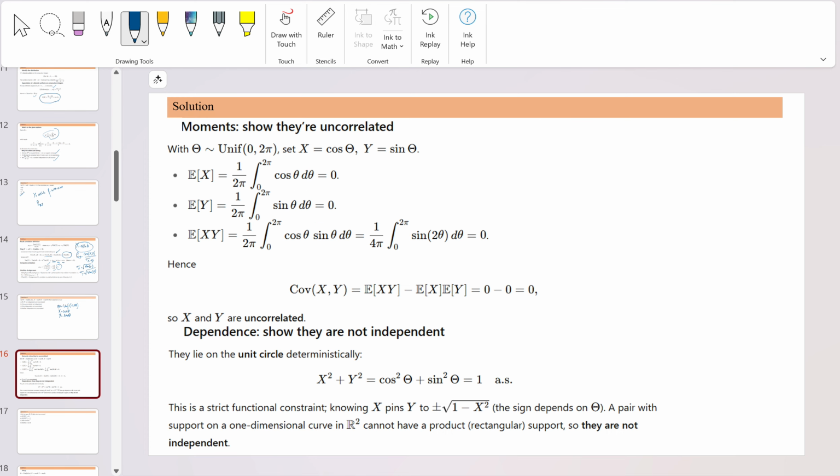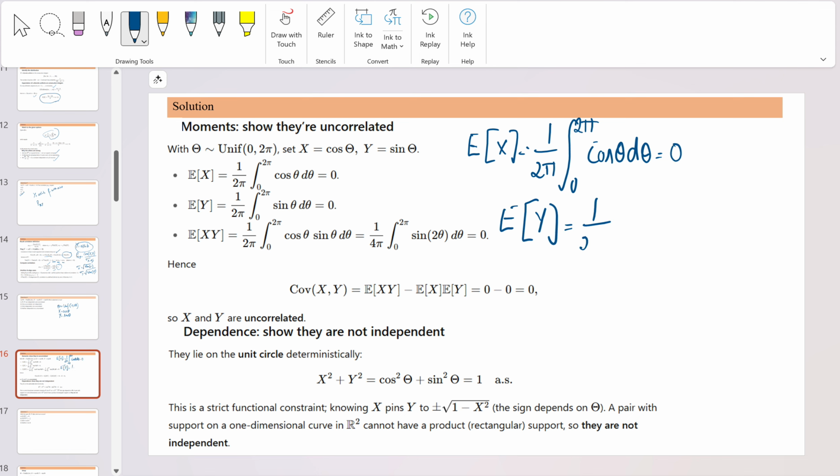Find the expectation of x. That is 1 upon 2 pi, integral from 0 to 2 pi of cos theta d theta, which comes out to be 0. Same with the expectation of y: 1 upon 2 pi, integral from 0 to 2 pi of sin theta d theta, equal to 0.